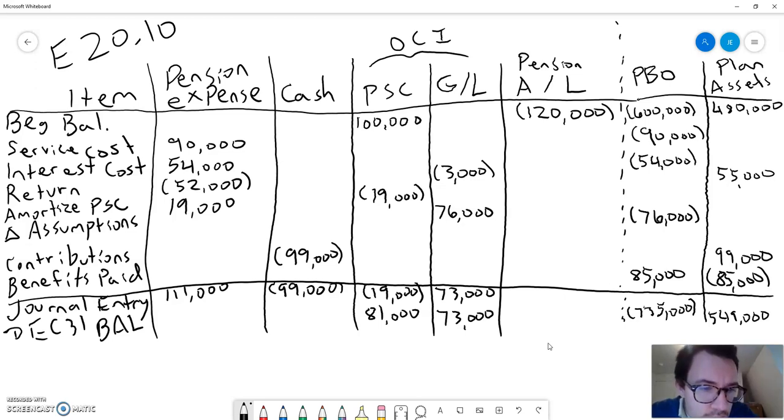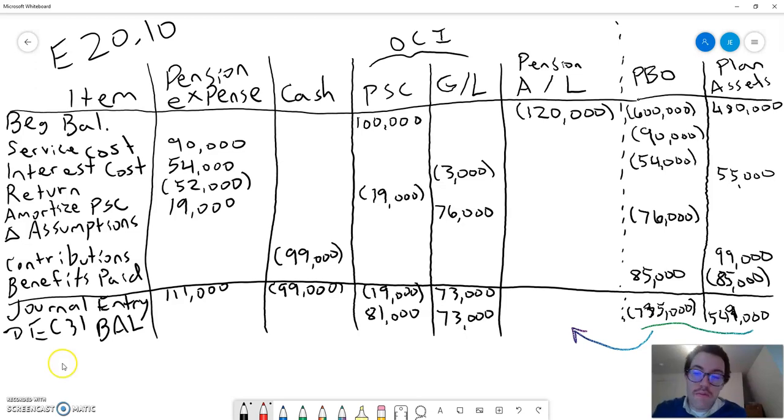$735. Let me redo that 3. That looks kind of messy. $735 for the PBO and $549, redo my 9 a little bit, for the plan assets. Meaning, when I put those two together, I get my net balance.